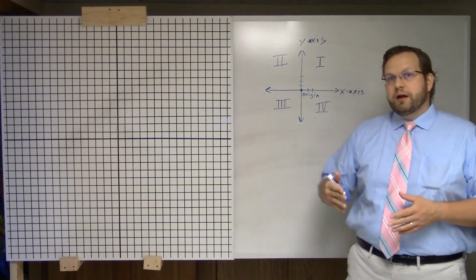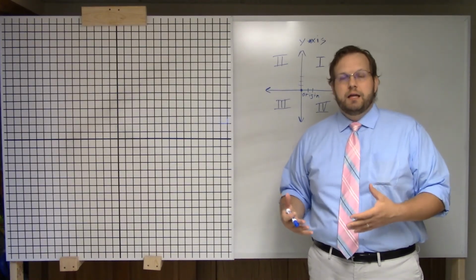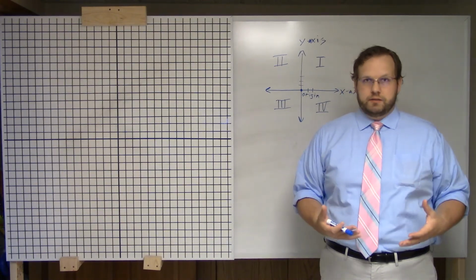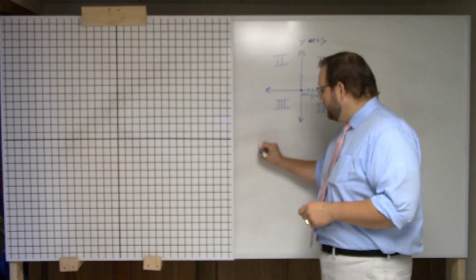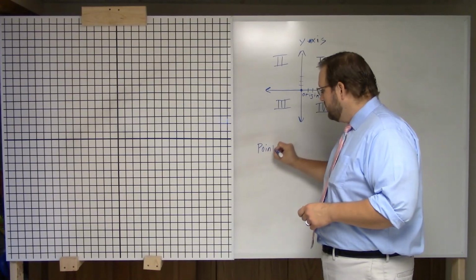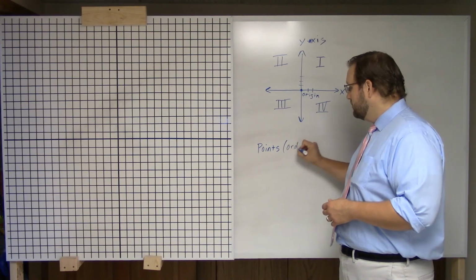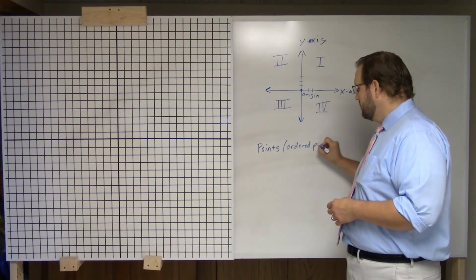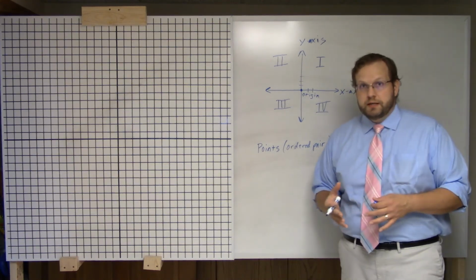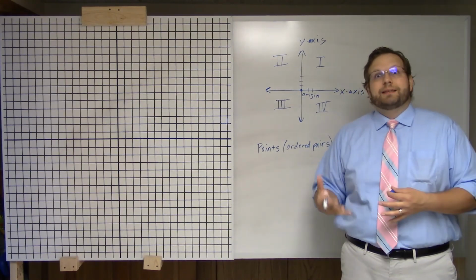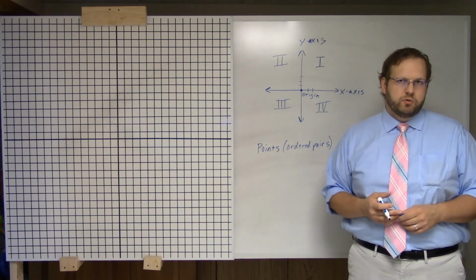Now, we will be graphing lines ultimately in this chapter, but lines, as with anything, have to start with points. So let's talk about points. The points that we're going to be dealing with are going to be denoted with ordered pairs. They're ordered because the order that you write the numbers will make a difference, and they're pairs because there's going to be a pair of numbers, 2 at a time.